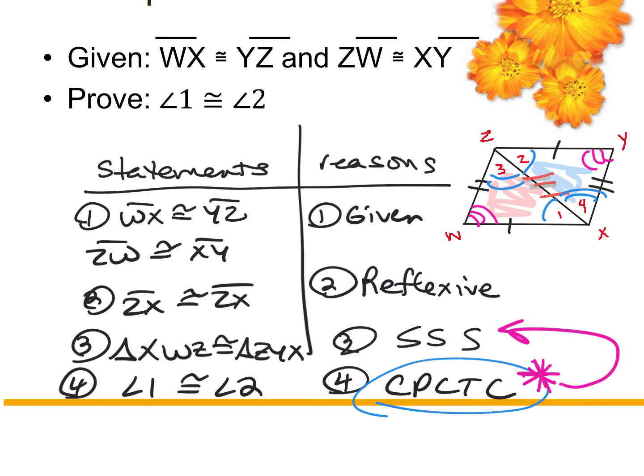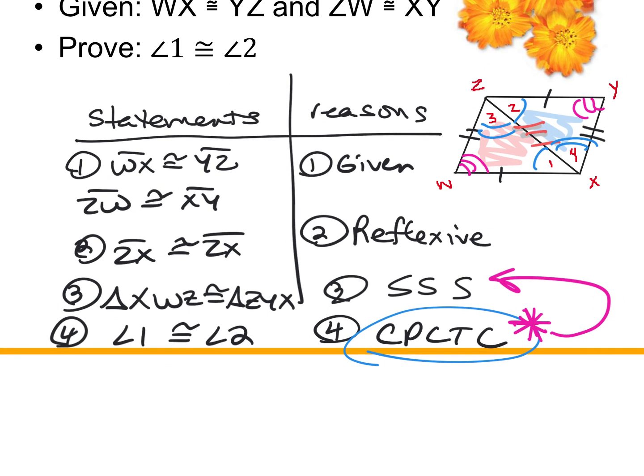Any questions? We can't say that 1 and 2 are alternate interior because, now that I've shown that 1 and 2 are congruent, let's say that they said prove that YZ is parallel to WX. Then you could say by the alternate interior angles converse, the lines are parallel.